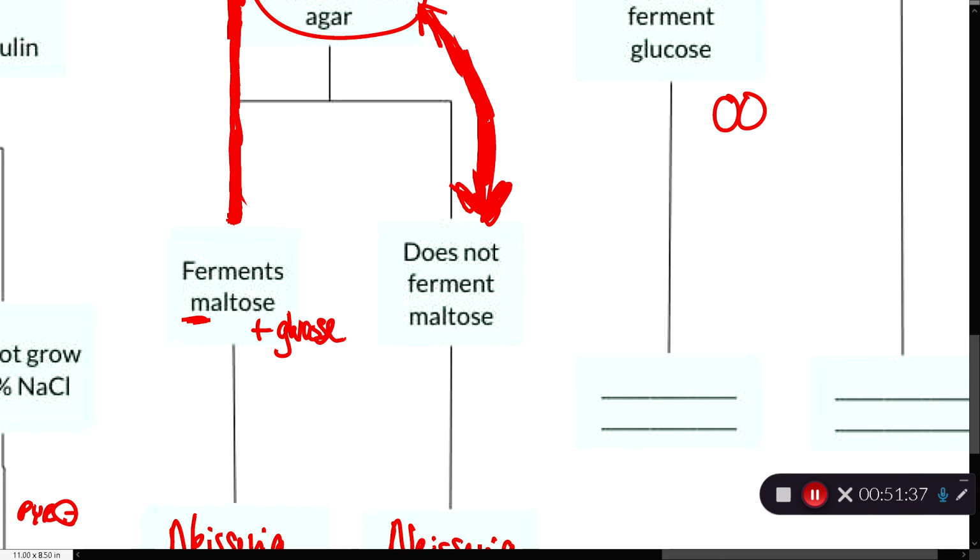But if it does not ferment glucose, it's probably going to be one of the top three etiologic agents of otitis media and sinusitis in young children. It's often also referred to as a gram-negative coccobacillary rod.